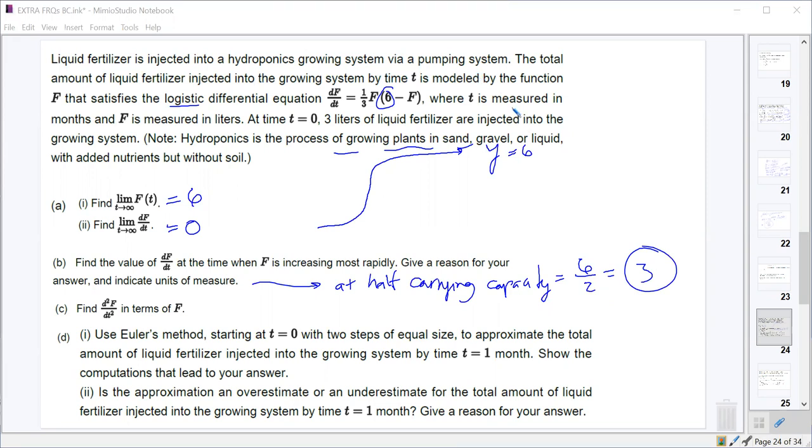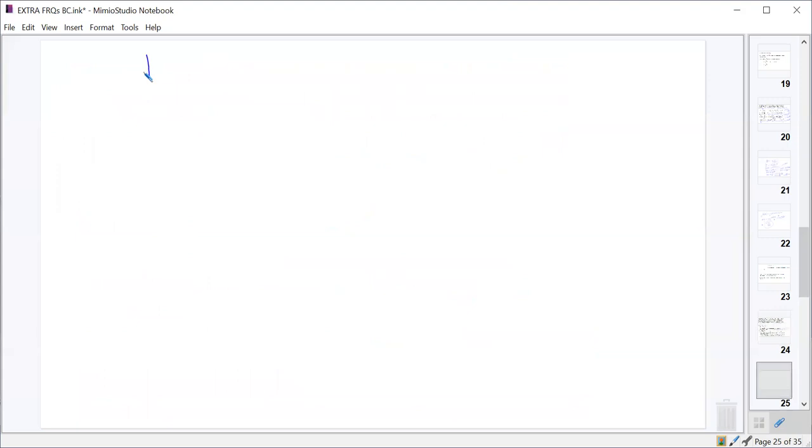Okay. And then for part C, we're looking for the second derivative here. So our second derivative, if df/dt equals 1/3 f times 6 minus f, they're going to ask us to take a derivative with respect to t. So we're going to get product rule here.